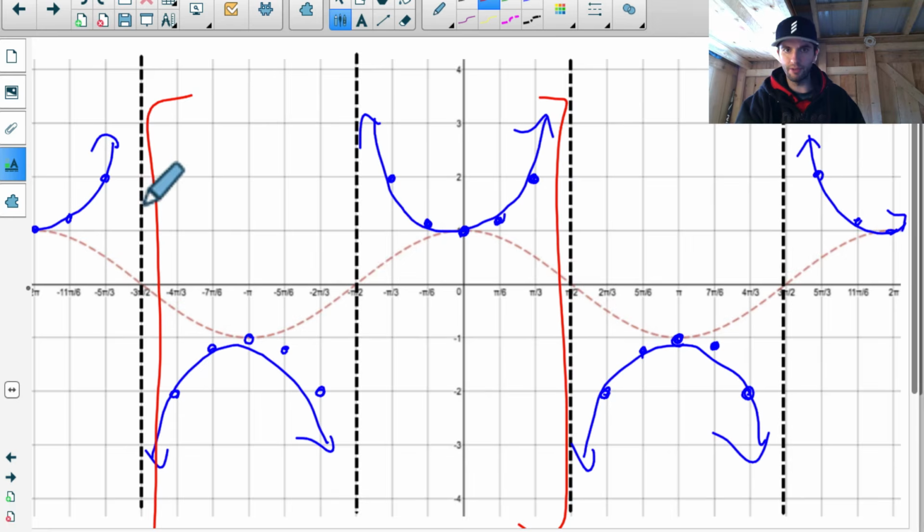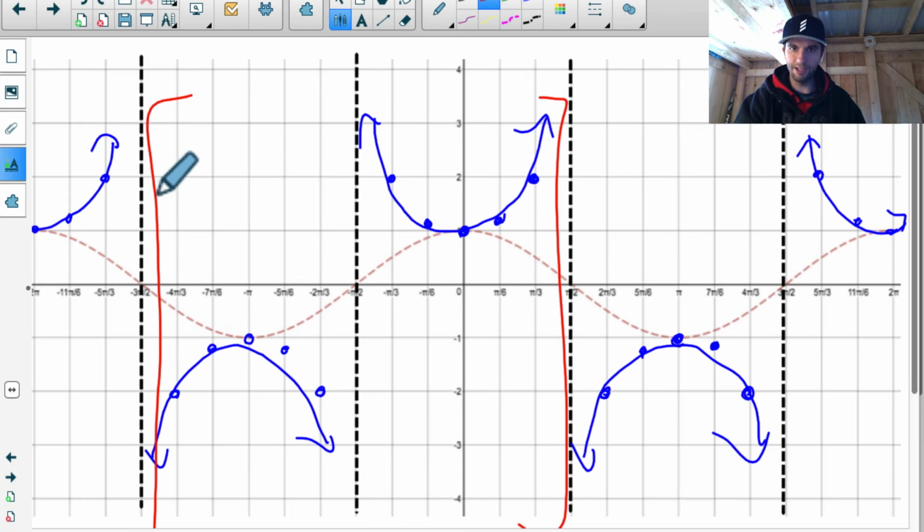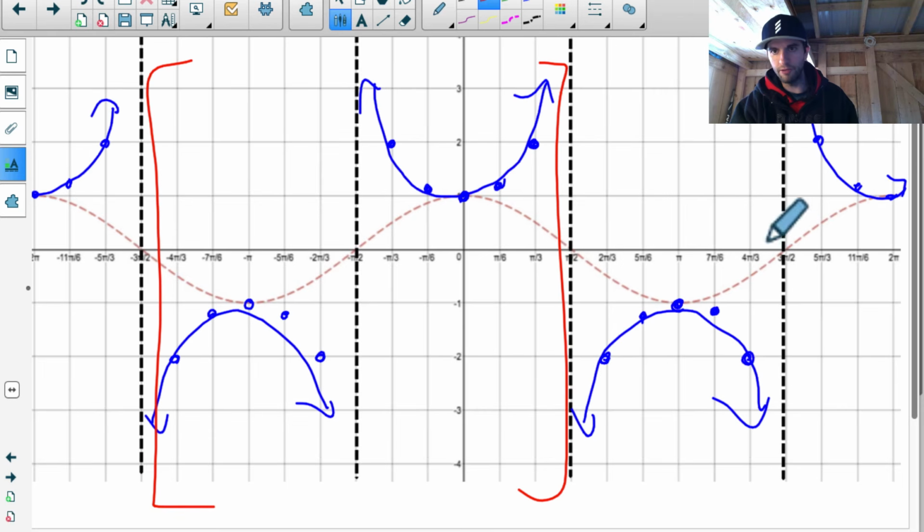Let's write down the properties of this one. So this function, the domain, once again, x can be anything, except there are some x values it can't be because there are vertical asymptotes. There's vertical asymptotes at pi over 2, 3 pi over 2, 5 pi over 2, 7 pi over 2. Notice it's at all of the places where cosine is 0. So it's going to have the same restrictions as tan, because tan is sine over cos.